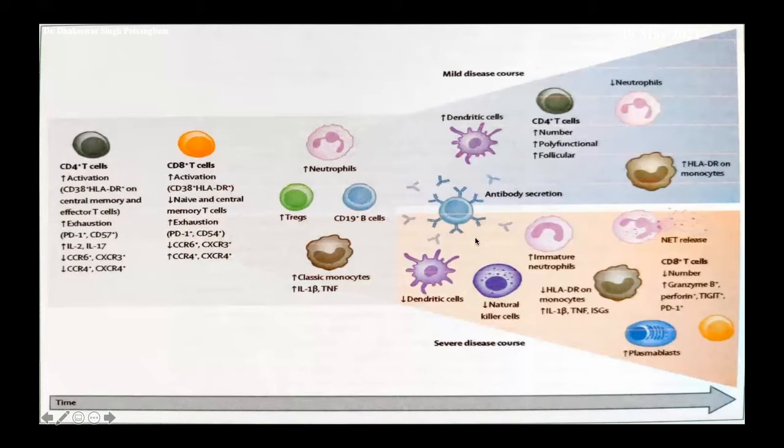Now, in the situation where there is a very severe form of disease, where the patient needs to be admitted in the hospital or to be under critical care using oxygenation and ventilation, there you'll find the neutrophils to be immature and reducing in number, they are being overwhelmed, and you can find all the other immune cells being destroyed.